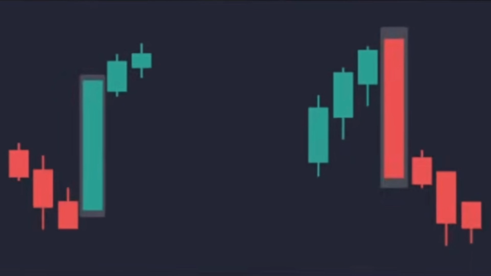So let's start off with the long day, which is the first one. As you can see on screen, we have the red candlesticks coming on a downtrend, which is then followed by one long green candlestick, which starts at the bottom of the red candlestick and then goes all the way up, which is a long candlestick, as you can see, and then followed by more green candlesticks to the upside.